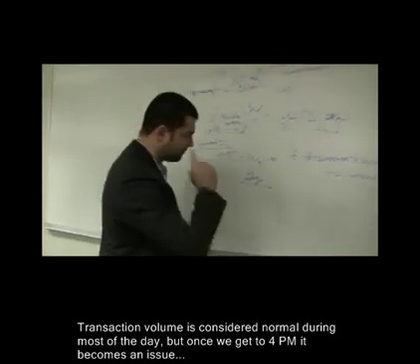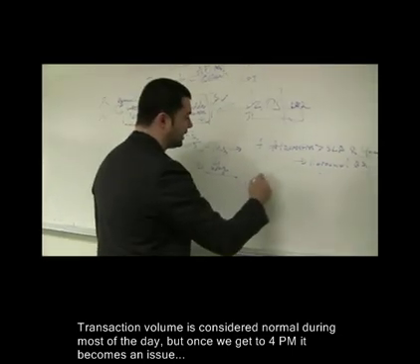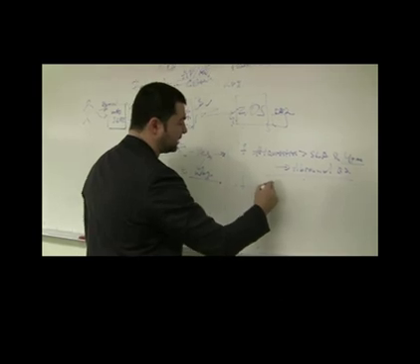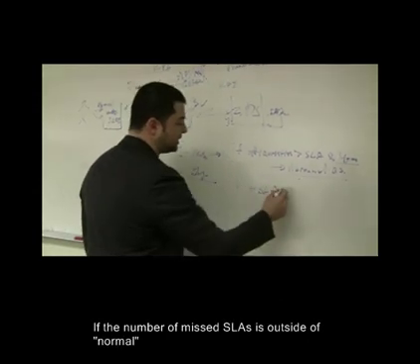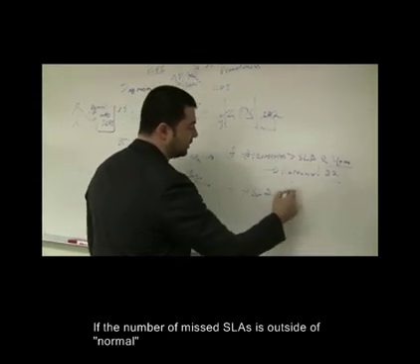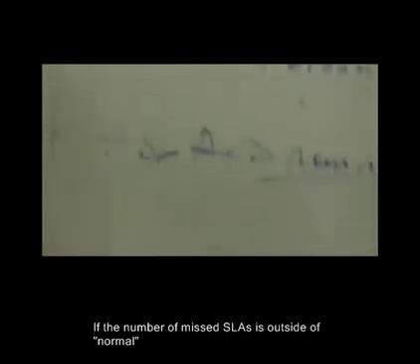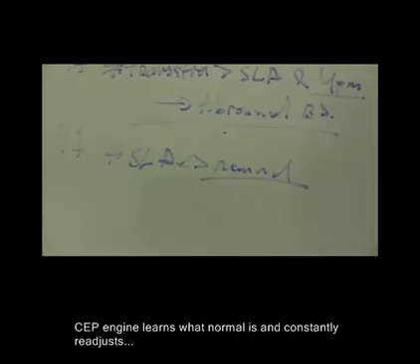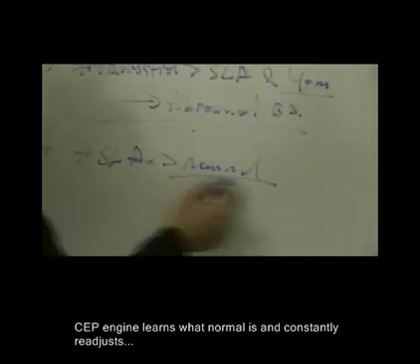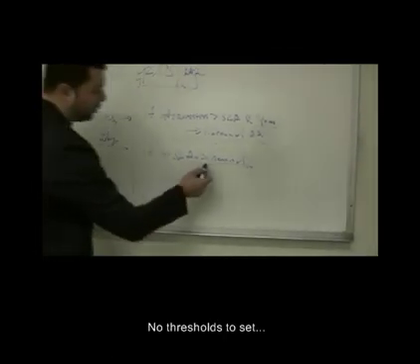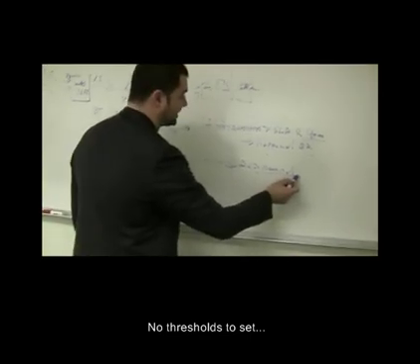Another rule you could set is if the number of missed SLAs is outside of normal. Our CEP engine decides what normal is based on the baseline that we calculate automatically. And then you no longer have to worry about what the actual threshold should be. The CEP engine will automatically determine your baseline.